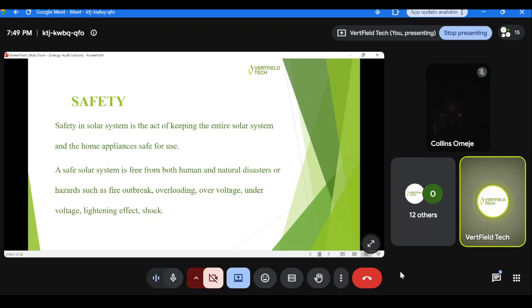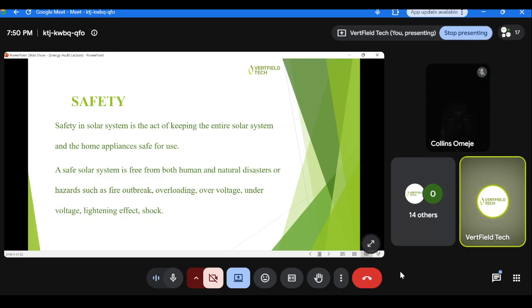I don't know if anyone has ever worked on an inverter after an installation was done perfectly. You make a mistake and put a tester on the body of that inverter system, and you see that the inverter system has current on it. I don't know if anyone in this class has experienced that before. Some inverter systems have that functionality that when it is not safely protected, it will have current on the body to tell you that this is not safe.